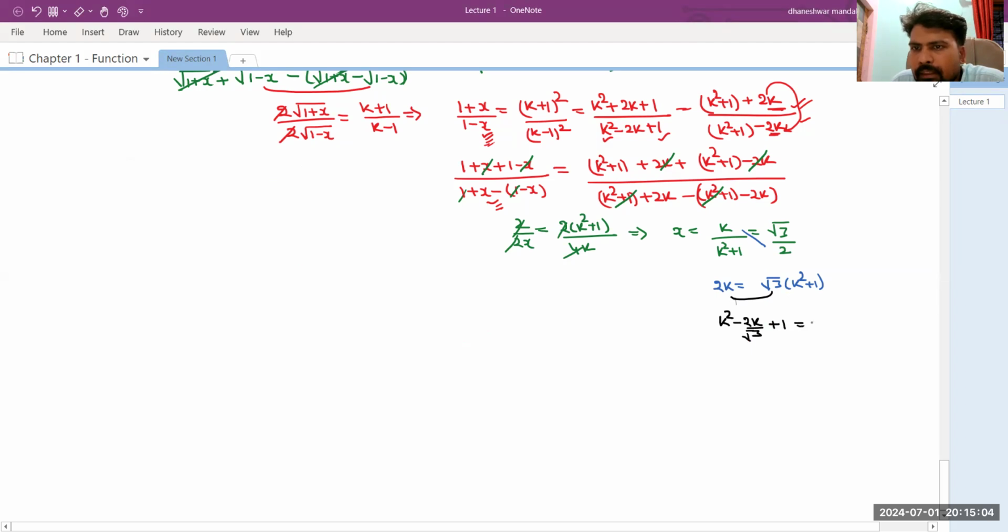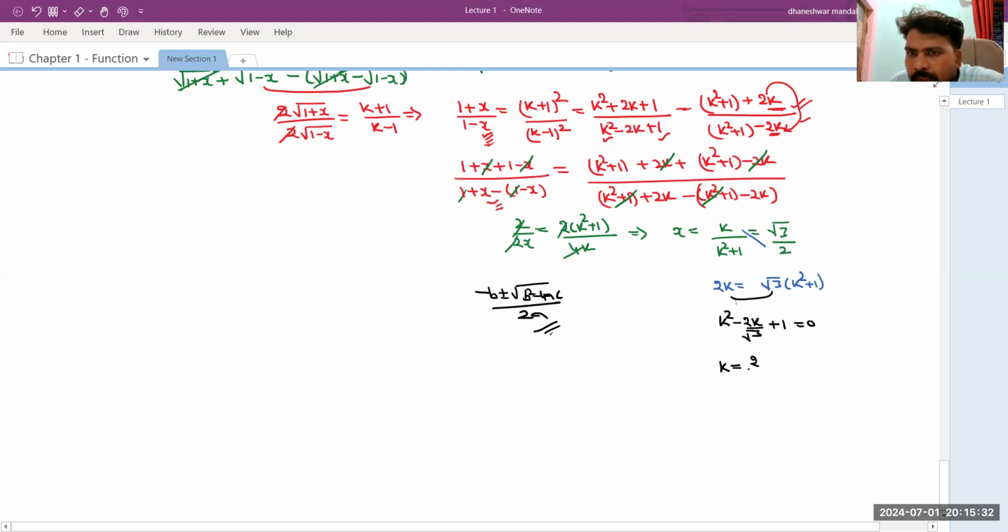Now from here I get one quadratic equation. And I know how to solve the quadratic equation. I can find the root of the quadratic equation by using the Sridharacharya formula. See, minus b plus minus root of b square minus 4ac, and 2a is there. You are well familiar with this formula. So what is k? K is nothing but minus b.